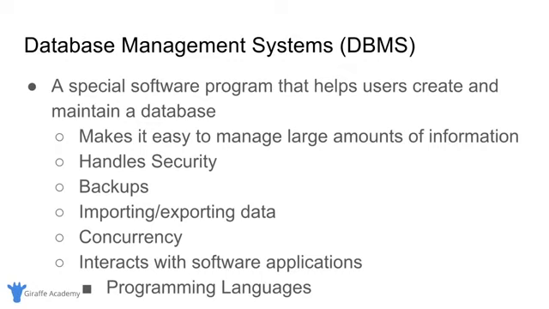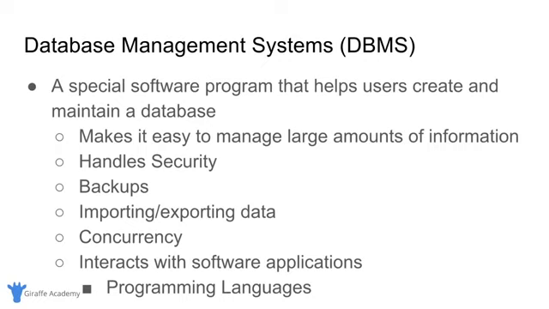This is called a database management system. So a database management system is a special software program that helps users create and maintain a database on a computer. So it makes it really easy for us to manage large amounts of information.